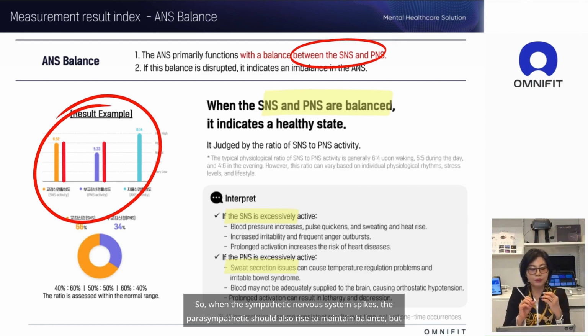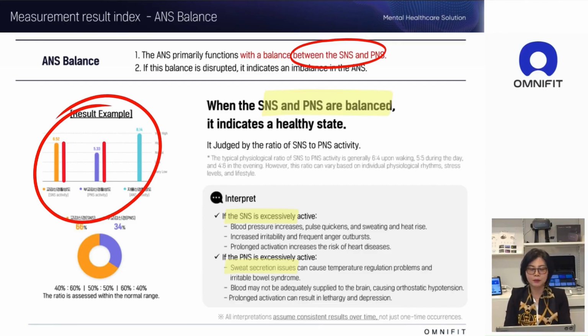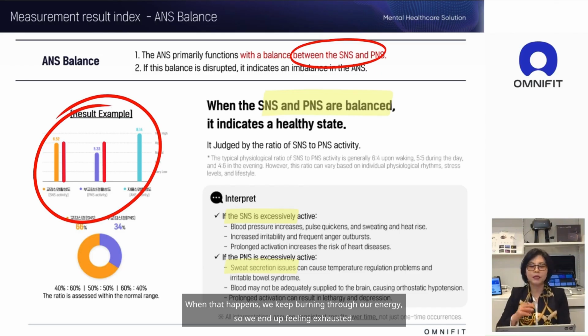So, when the sympathetic nervous system spikes, the parasympathetic should also rise to maintain balance, but if the sympathetic nervous system becomes overactive, the parasympathetic can't keep up. In other words, before all the adrenaline is used up within 90 seconds, it keeps being released over and over again. When that happens, we keep burning through our energy, so we end up feeling exhausted.